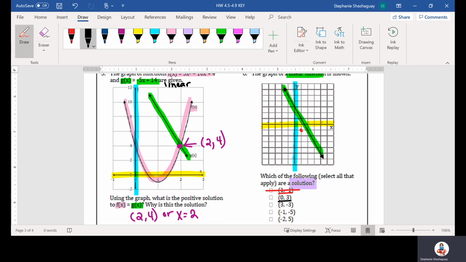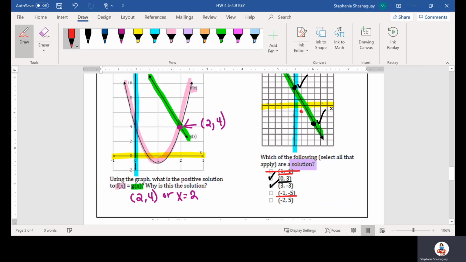Well, at 0, 1, 2, 3, I'm at that point. That does fall on my linear function, so that is a solution. Then I'm at 3, -3, and that also falls on my graph, so that is a solution.